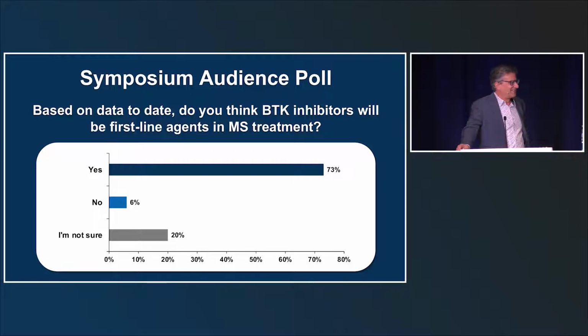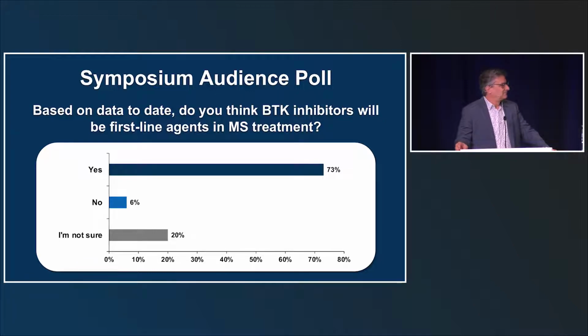I think everyone's tendency is to say it depends, and you want to see the ultimate phase 3 data, but I'll answer this based on the phase 2 data, assuming it holds up. I'd agree with the 73% of the audience that we'd put in a first-line agent for a couple of reasons.